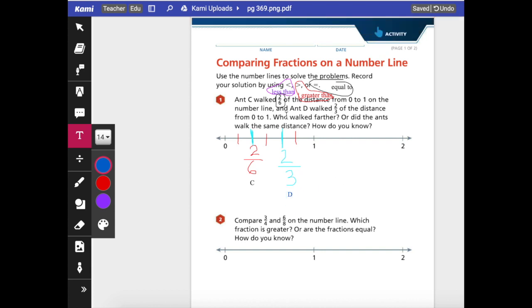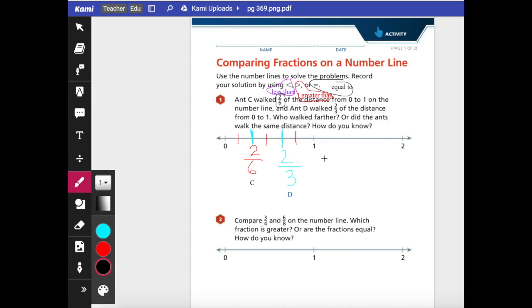So the question is, who walked farther, or did the ants walk the same distance? How do you know? So I'm going to look at this and see which ant walked farther. Did Aunt C or Aunt D walk farther? So I see Aunt D walked farther because it's farther on the number line.